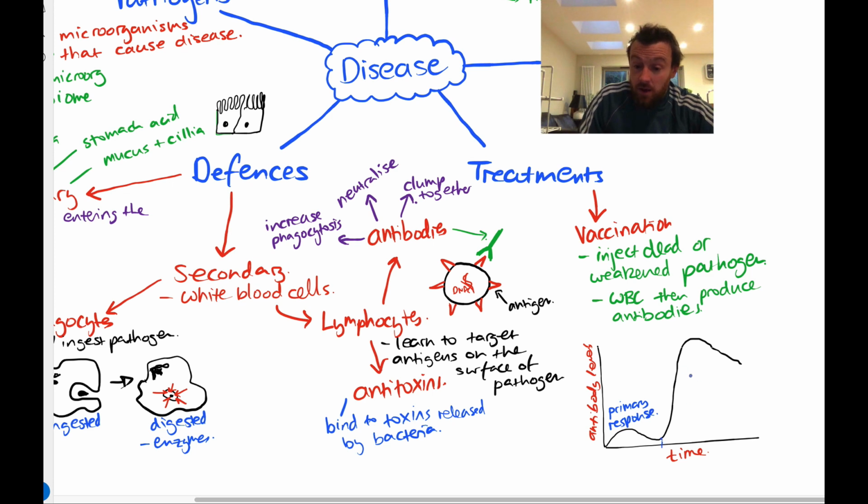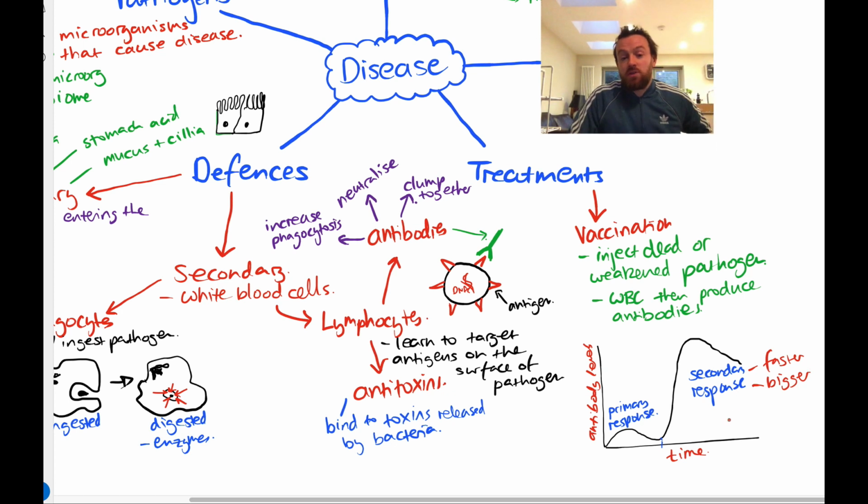And then the second time you get infected with the pathogen, the secondary response is faster and bigger, which means you maybe don't even get sick, because your lymphocytes produce antibodies so quickly and in such great quantities.